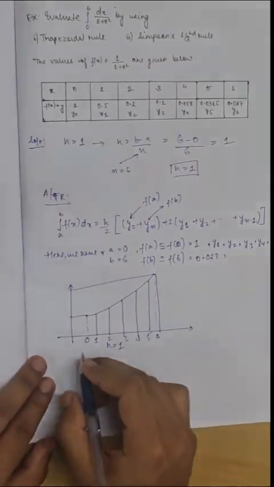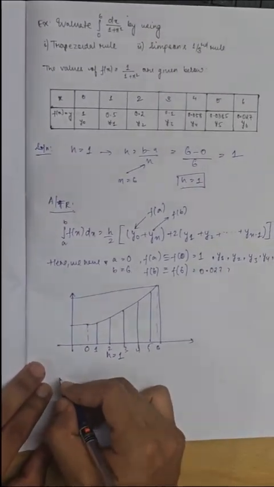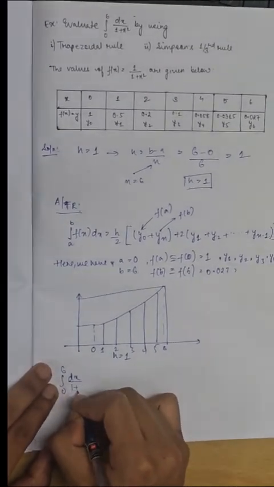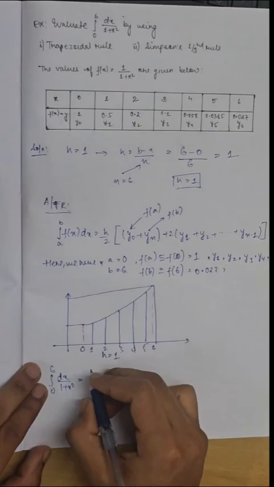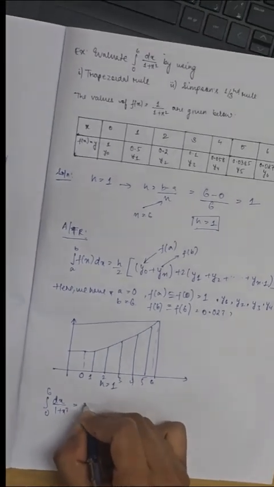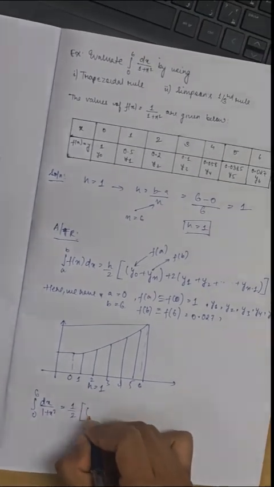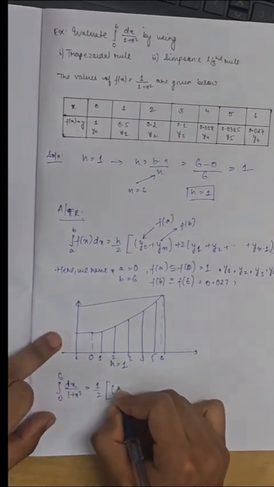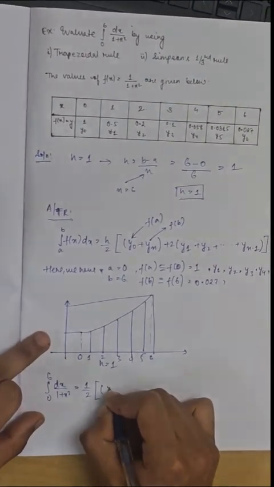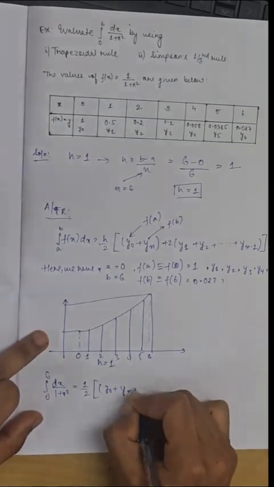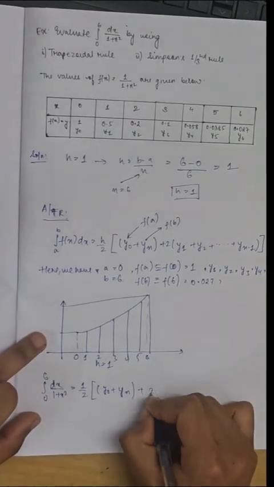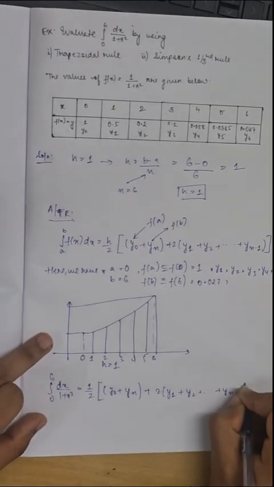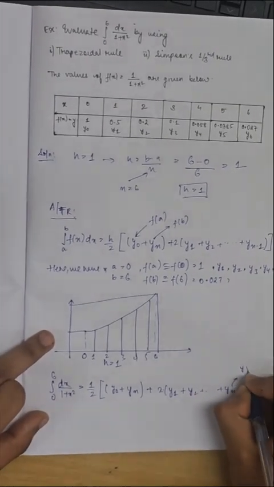So let's evaluate this problem, the integral from 0 to 6 of dx upon 1 plus x square. Here h we have taken as 1, so 1 upon 2 times y0, being f of a, which is equal to 1. So let's first write this equation: plus 2 times y1 plus y2 plus dot dot dot yn minus 1. Here n minus 1 is y of 5.